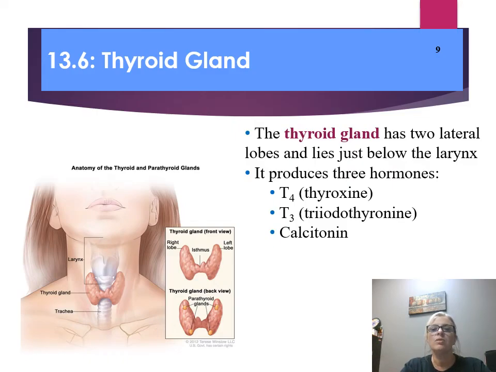All right, so here we're looking at the thyroid gland. It's kind of butterfly shaped, and it lies just below the larynx here. It produces three hormones, T4, which is thyroxine, T3, which is triiodothyronine, and then calcitonin.